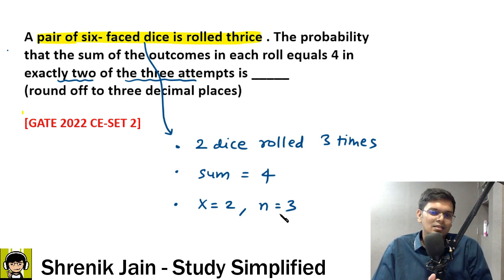Sir, these dice rolls are independent. There are only 2 possibilities: the sum is 4, or the sum is not 4. And they are saying exactly 2 times out of 3 experiments. Sir, this is the scenario for binomial distribution. Yes, this is the scenario for binomial distribution.